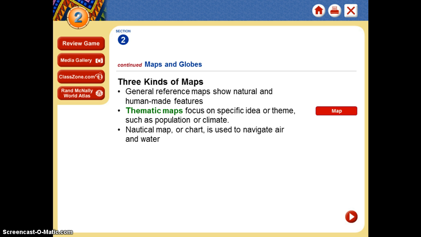For instance, if I wanted to know what areas of the Asian continent were the most densely populated, I might find a thematic map like the one found on page 48 in your textbook at the top of the page, and it kind of shows areas of Asia that is really heavily populated by putting dots on the map. So that is a great example of a thematic map. Now, a nautical map or a chart is used to navigate air or water. So that is another specific type of map.